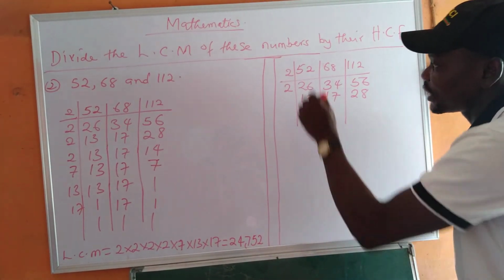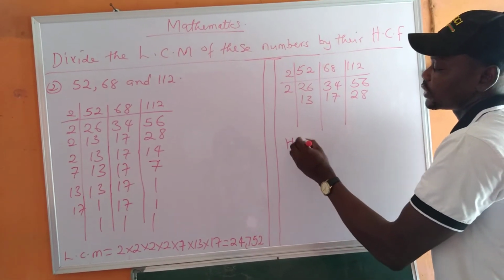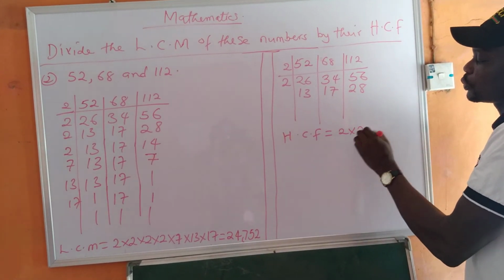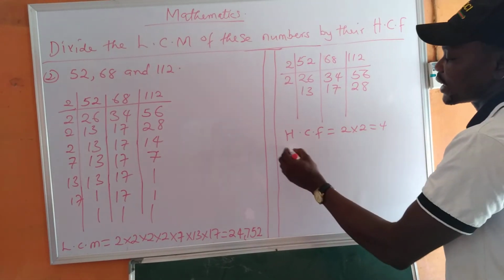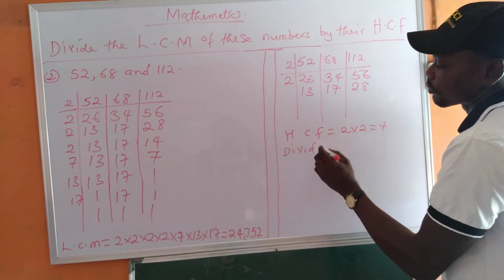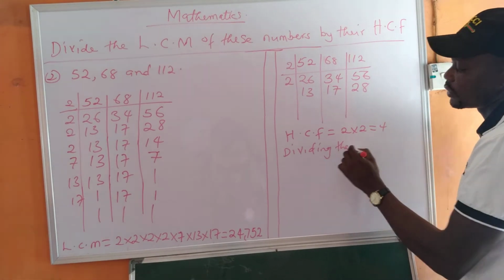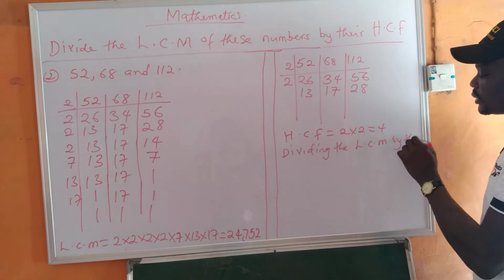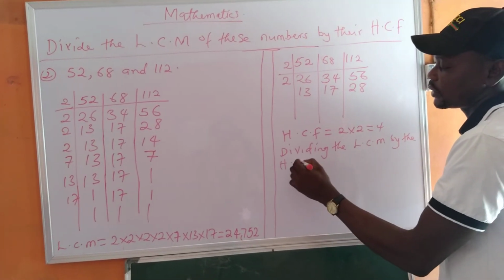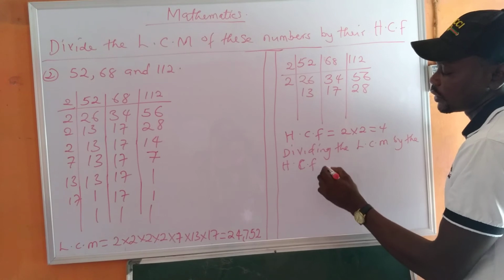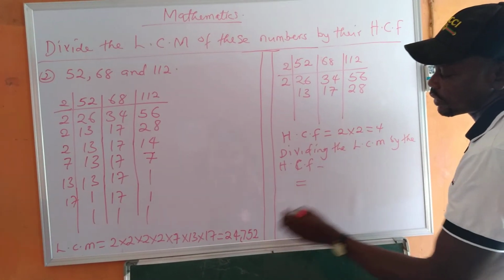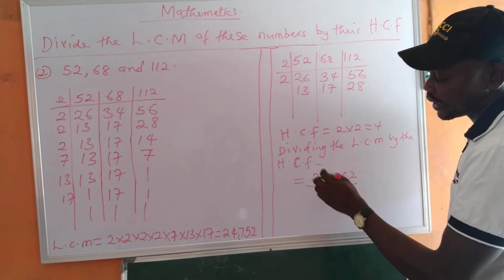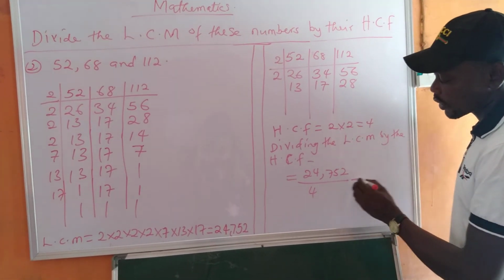That means our HCF in this place is equal to 2 times 2, which is equal to 4. So dividing the L.C.M by the H.C.F, that will now be taking our L.C.M 24,752 divided by 4, and that will give us what?